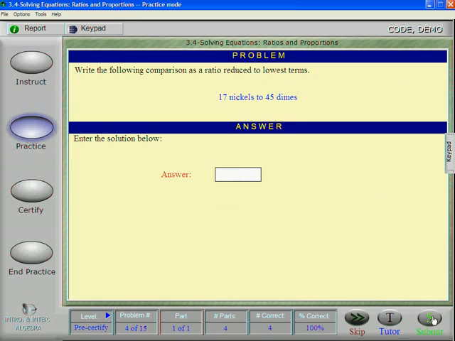Okay. Write the following comparison as a ratio reduced to lowest terms. So if I say 17 nickels to 45 dimes, what I want to describe this ratio is I want the same increments. So in other words, when I say 17 nickels to 45 dimes, what I'm really wanting to say is 17 nickels to how many nickels? Or it could go the other way, that I could say dimes to dimes.